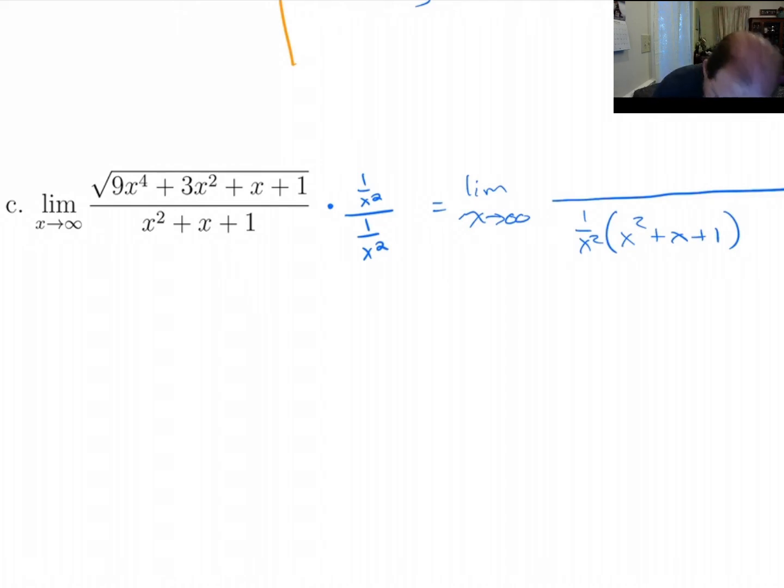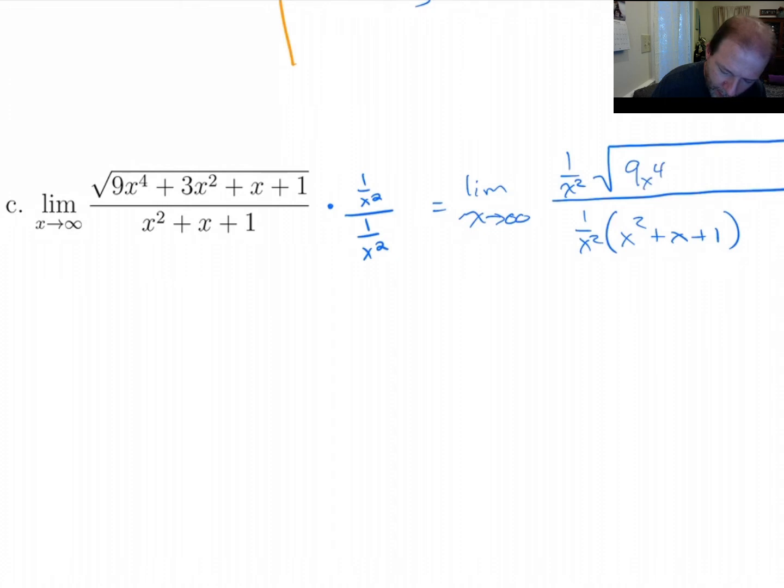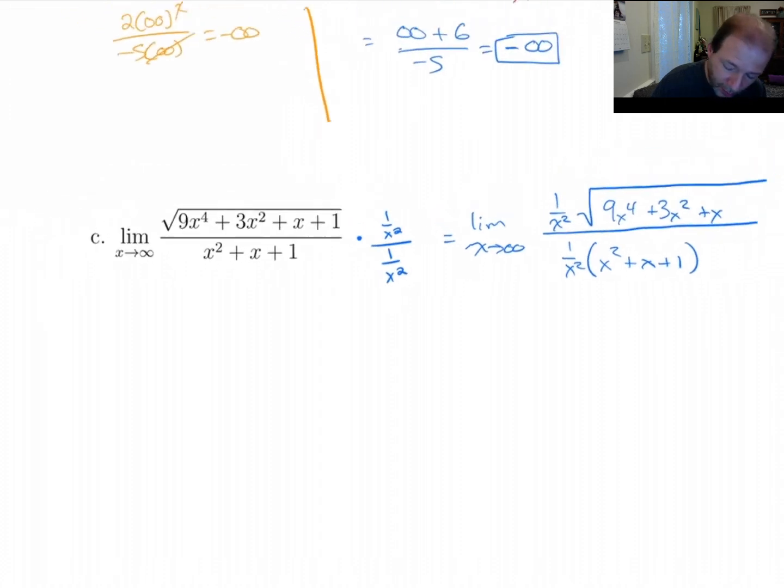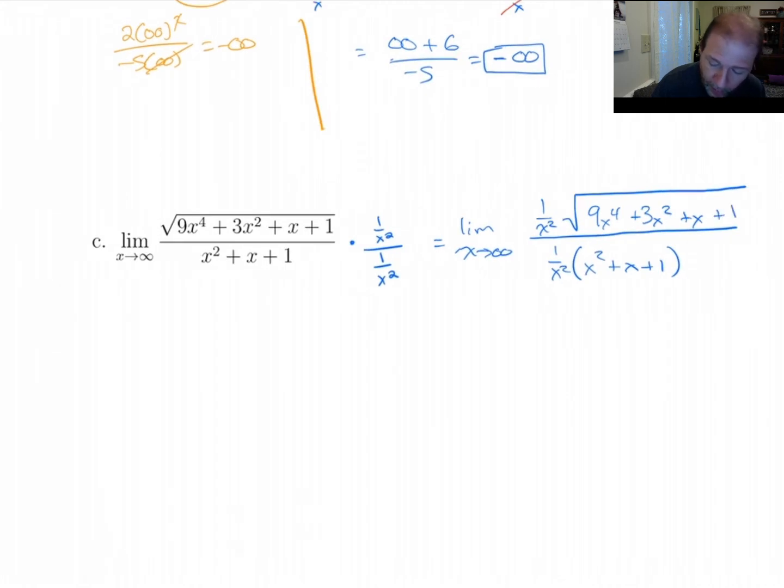Up top, I'm going to write this like this. Let's see, 9x to the 4th plus 3x squared plus x plus 1. Now, I've got to move that x squared inside the radical. And what do you do when you move something inside the radical? You have to square it.